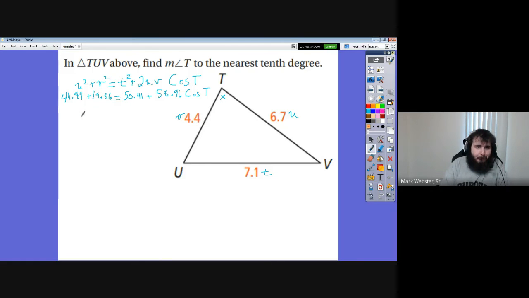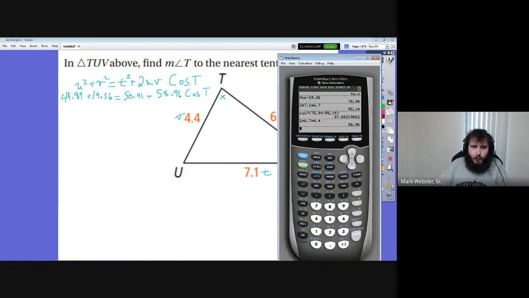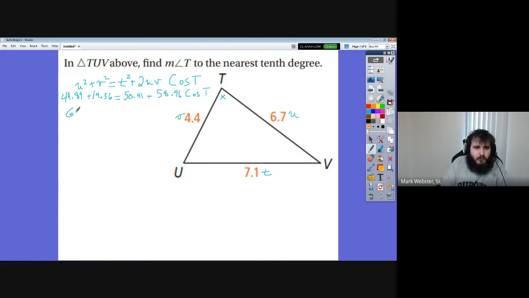So let's add these up. Got 44.89 plus 19.36. That's equal to 64.25. And again, don't try and combine these like terms here. They're not like terms because this is a number and this has a cosine T on it, right?